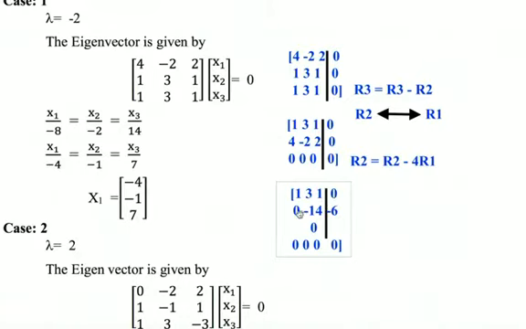That is correct. So this is 0, this is minus 14, and the last is minus 2.